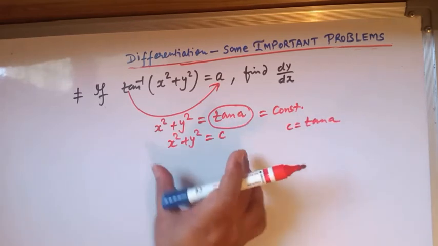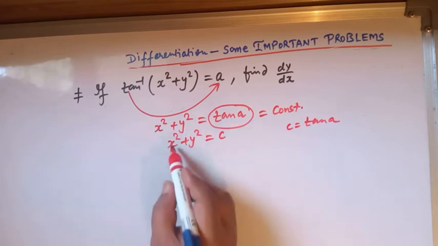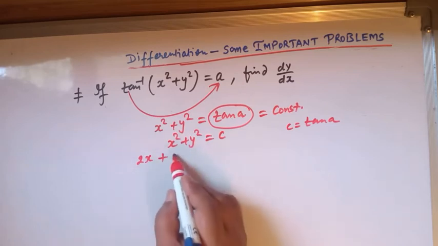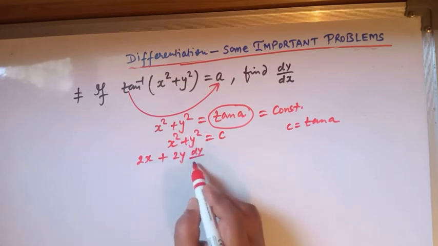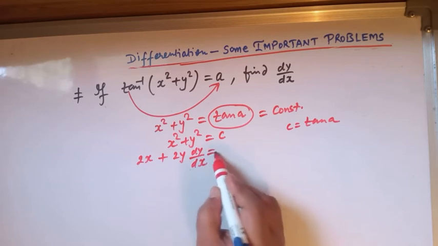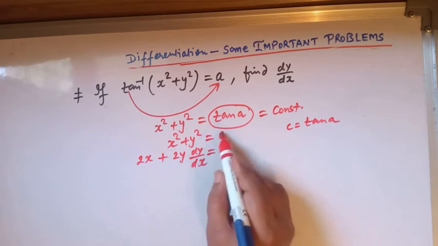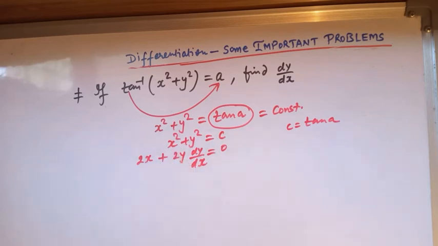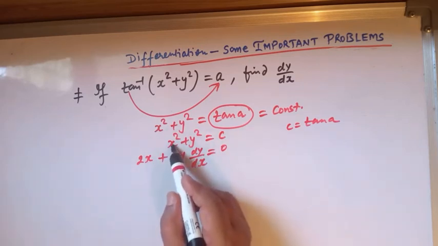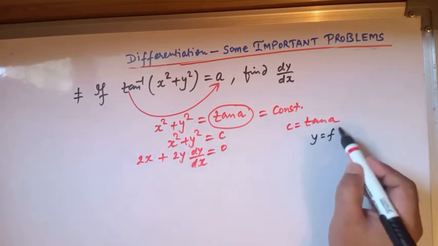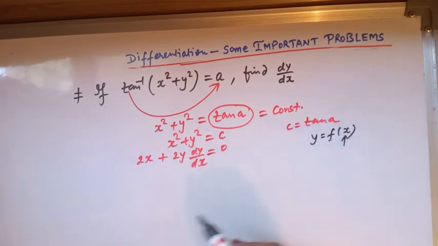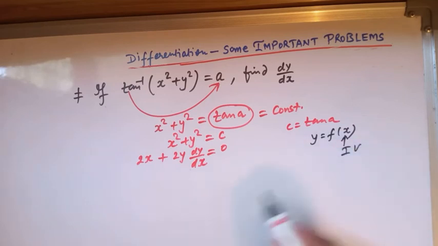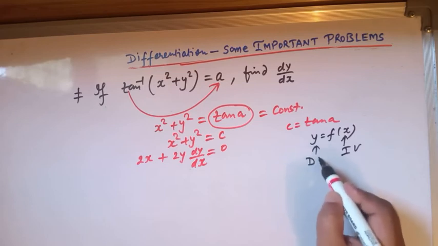Now we differentiate both sides with respect to x. So what we get? We get here 2x. The derivative of y square is 2y dy over dx, and the derivative of this constant c is 0. Viewers, always remember, if we have a function y equal to f(x), this x is called the independent variable, and this is called the dependent variable.